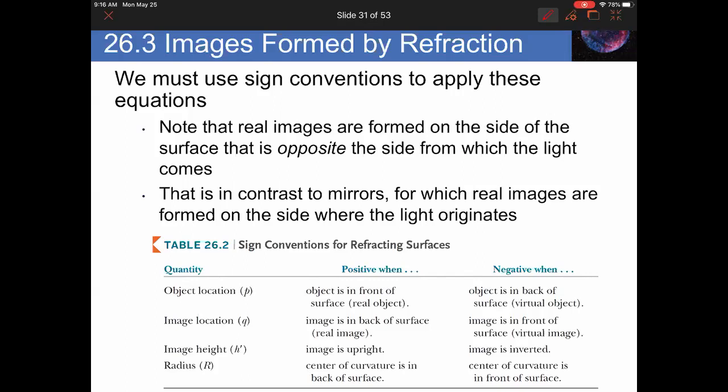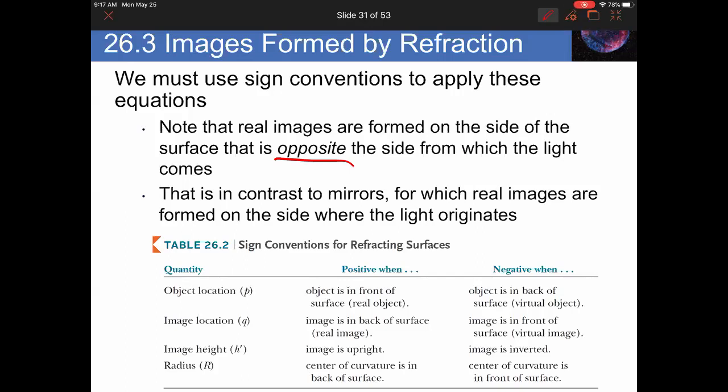But here the light is refracting to the other side, and the other side is then positive. That means incoming light is on the left side and refracting on the right side, so the right side is now the positive side.